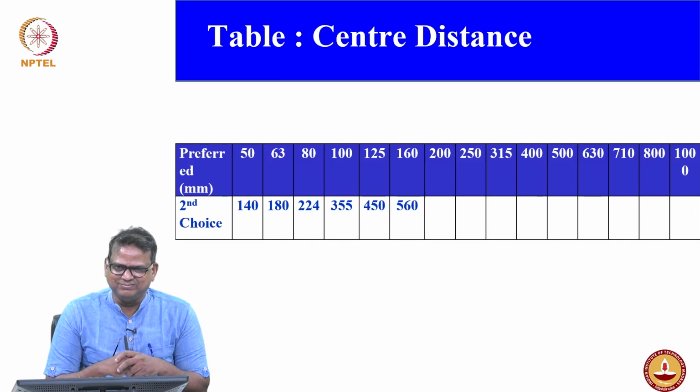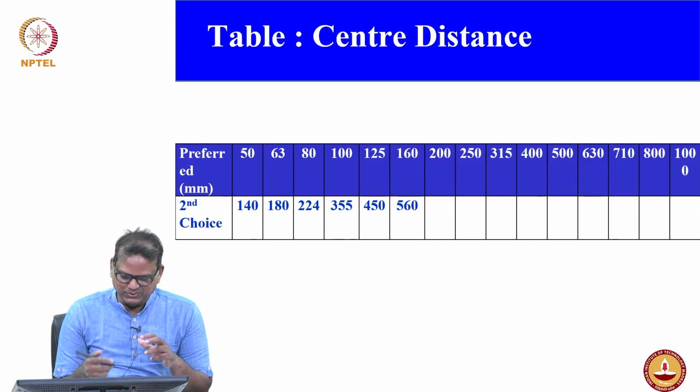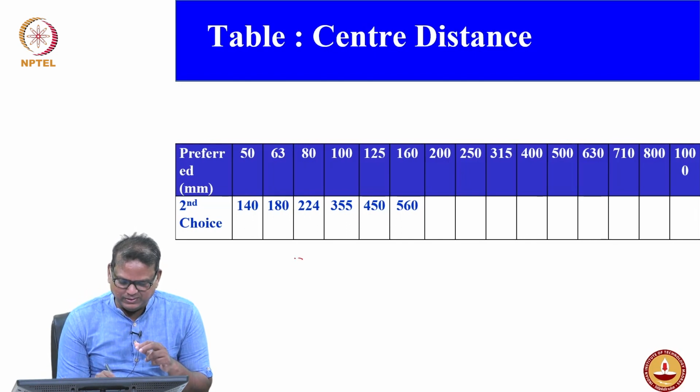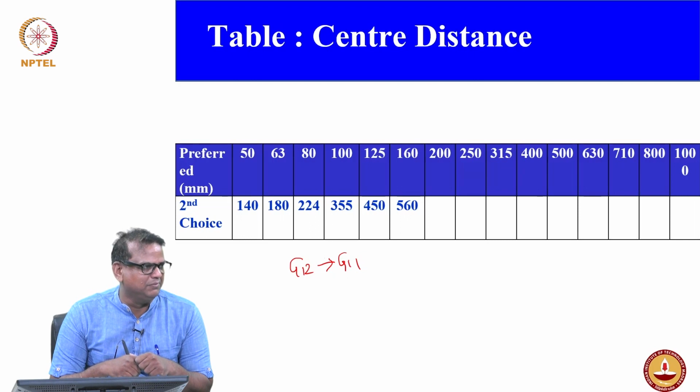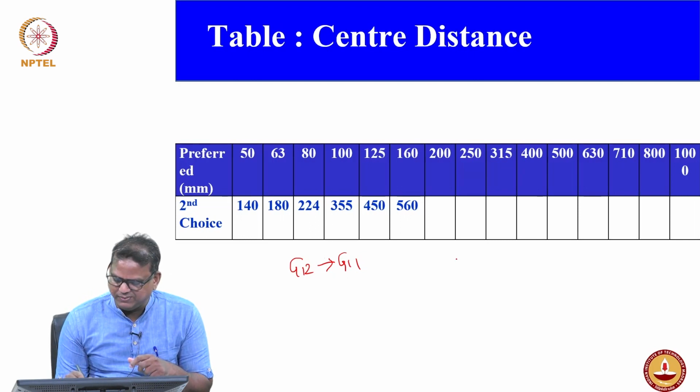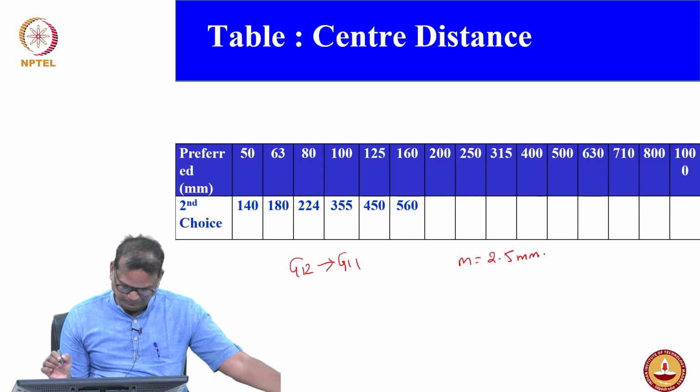We know the module, right? We have gear number 11 and gear number 12. And the module is given, m equal to 2.5 mm.